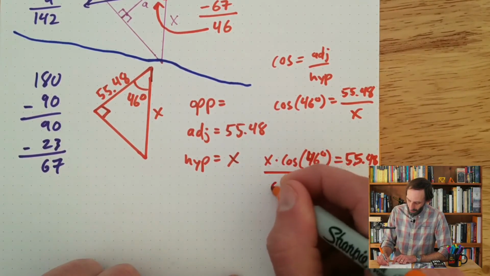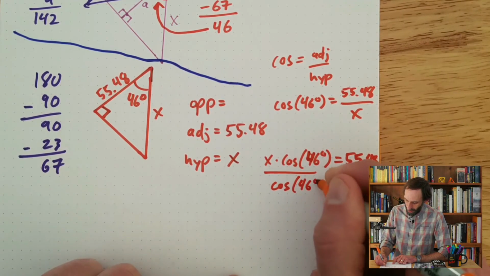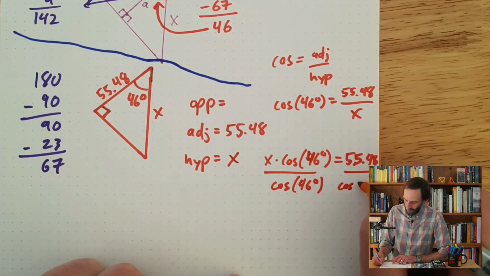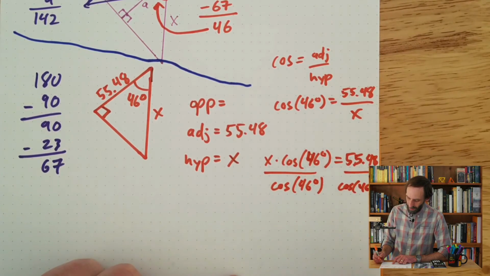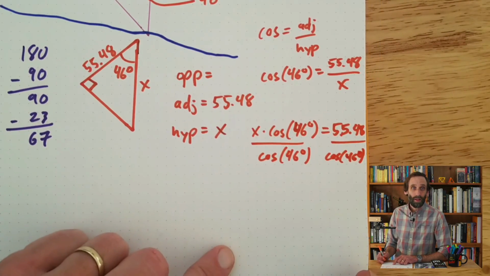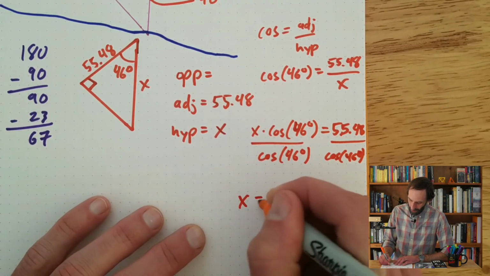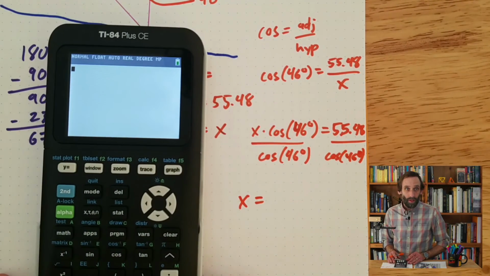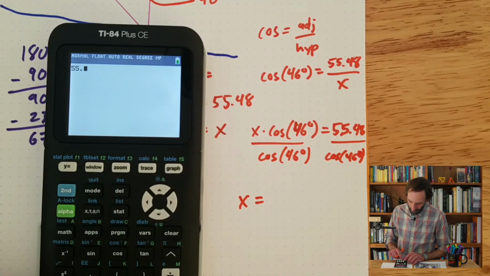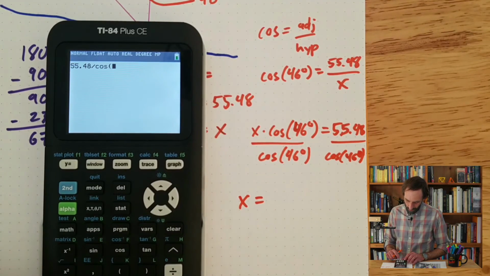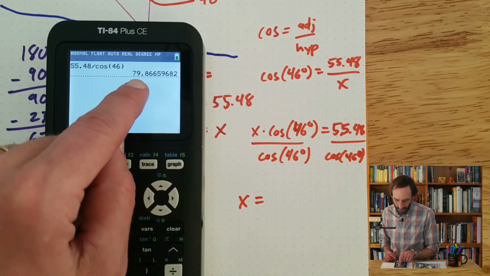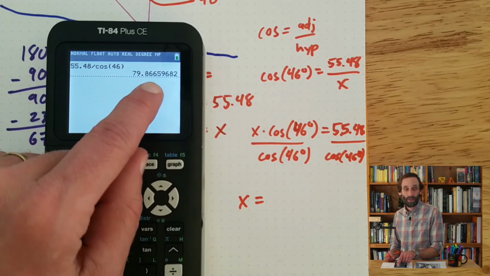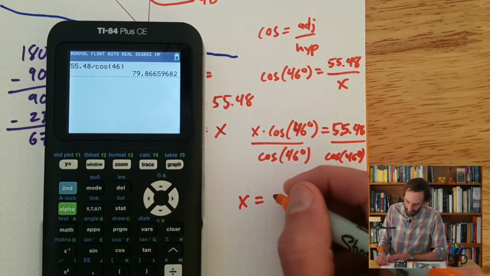So divide both sides by the cosine of 46 degrees. And so I get that x is equal to, let's plug it in the calculator and find out. All right, 55.48 divided by cosine of 46 degrees. And I get 79.87 if I'm rounding to the nearest centimeter, the nearest hundredth.